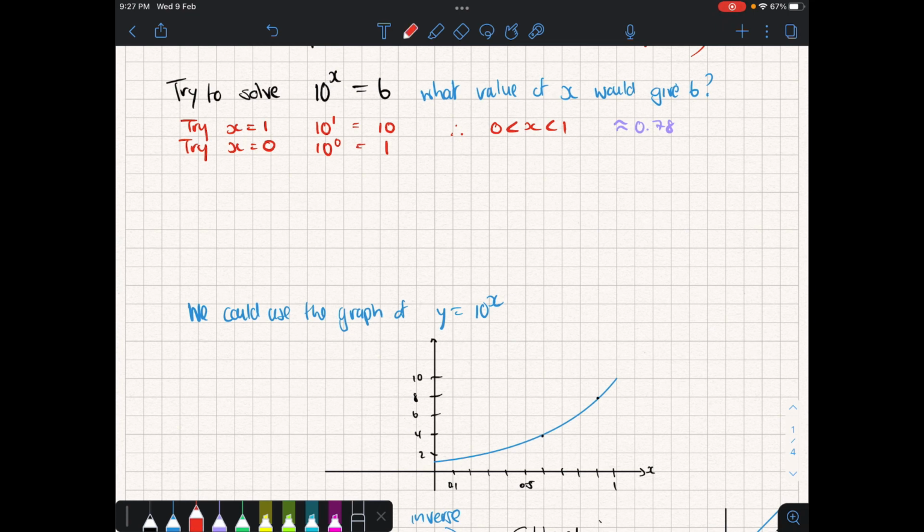However, we can use this to our advantage. We can say, well, actually we want to consider what value for 6, right? What solution of 6, what would the input value have been? And we can drop that down, and you can see we get fairly close to the value that we had previously guessed, which was around 0.78.